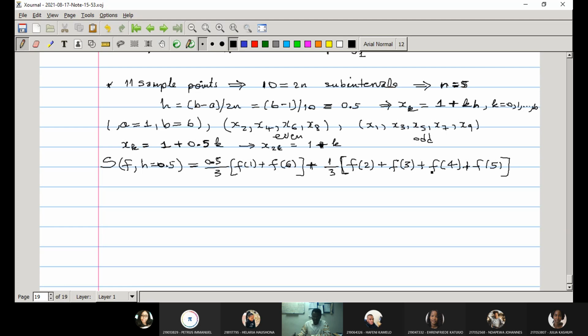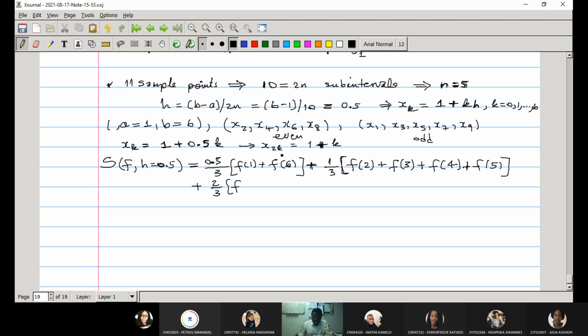So that will be the value of the function at those points. And finally, the last one will be 4h by 3. So 4h will be 2, so this will be 2 by 3 into f of, here we have 5 terms.